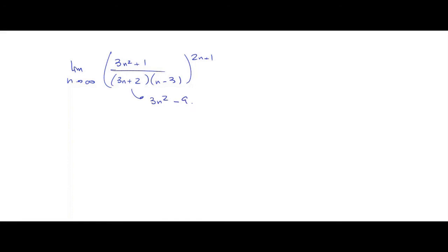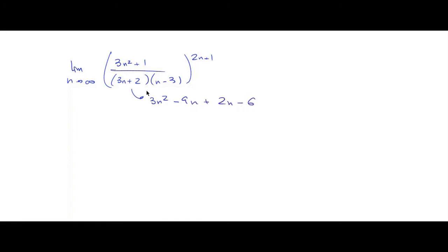Let's see, the limit when n goes to infinity of 3n squared plus 1 over 3n squared minus 7n minus 6, to the 2n plus 1. If you compute the limit here, as we have said, the denominator is 3n squared minus 9n plus 2n minus 6.